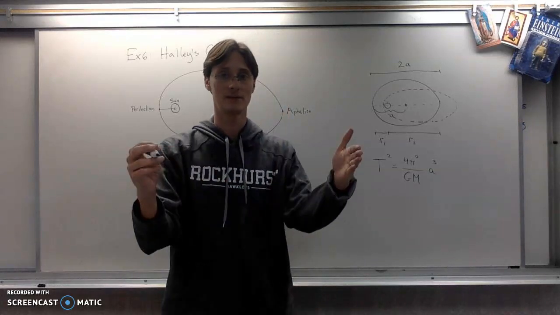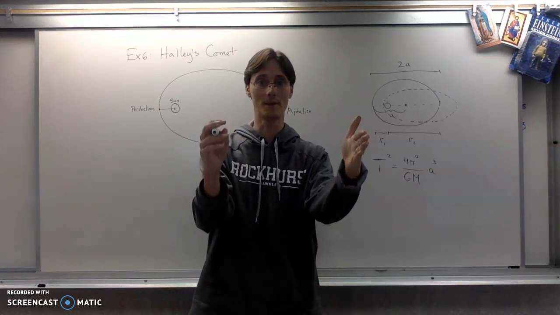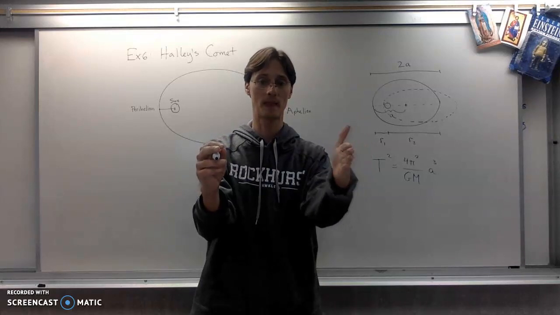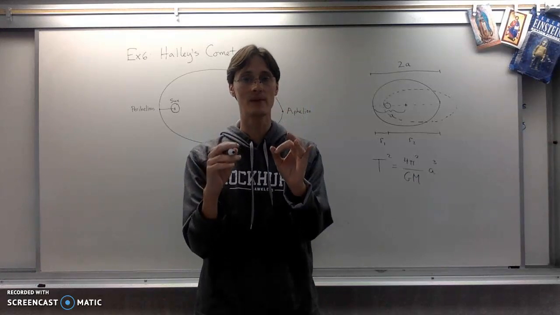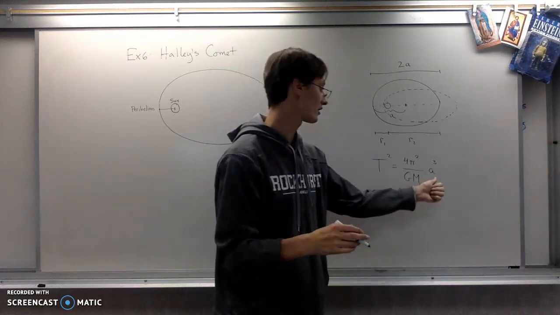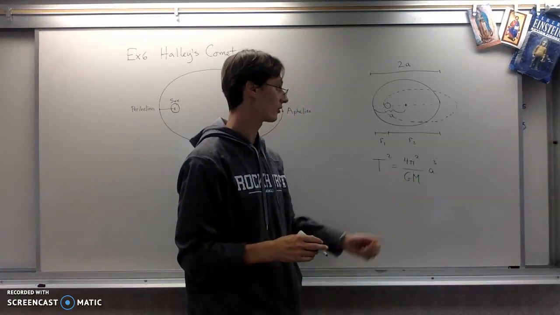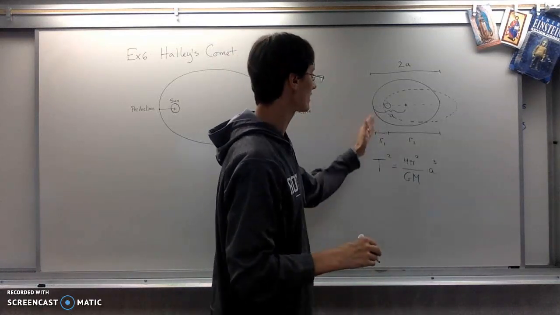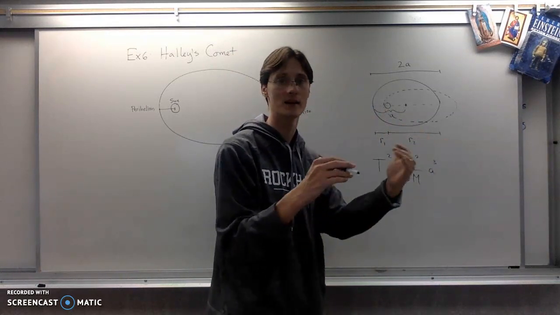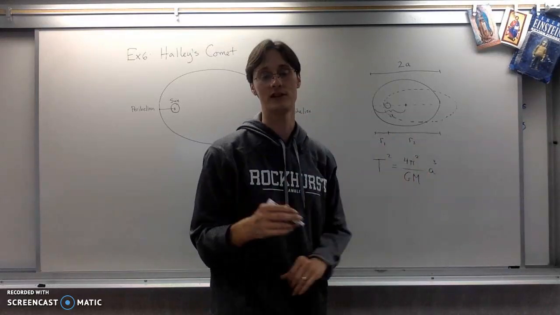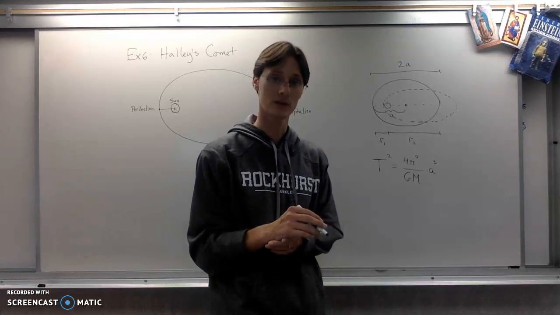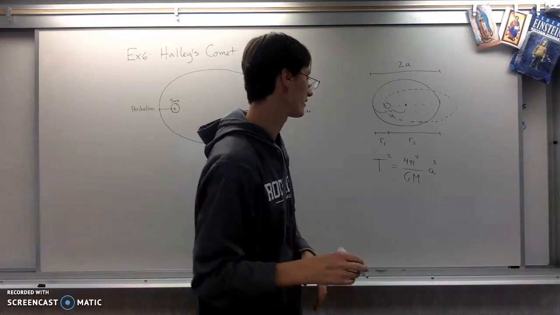Well, because if it's the same in terms of the major axis, then it has the same semi-major axis, and the semi-major axis is what determines the orbital period. So it doesn't actually matter how that ellipse is shifted around. What matters is what is half of the distance across that ellipse. That's what determines how long the orbital period is going to be.